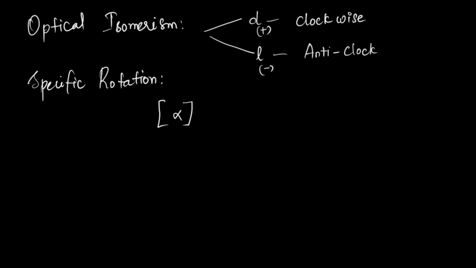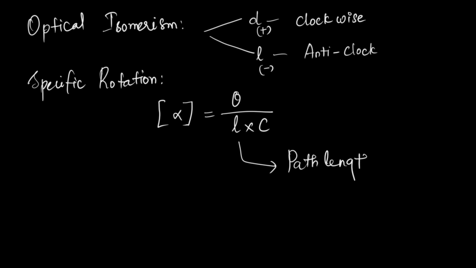Specific rotation alpha is equal to theta divided by L into C. Here L stands for path length, C stands for concentration, and theta is the observed angle of rotation.